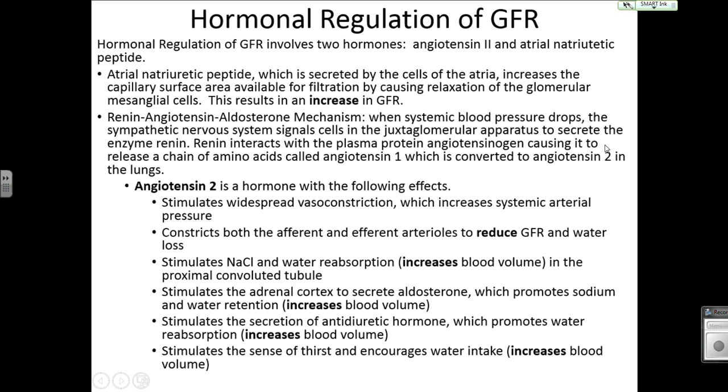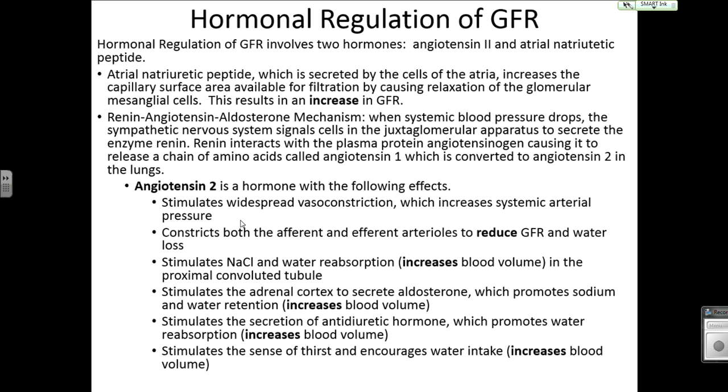Angiotensin II is the hormone that does all these different things. It causes widespread vasoconstriction. Well, we learned earlier if you vasoconstrict, what happens to blood pressure? Goes up. There's one thing that we can do to increase blood pressure. We're going to constrict both the afferent and efferent arterioles to reduce GFR and water loss.